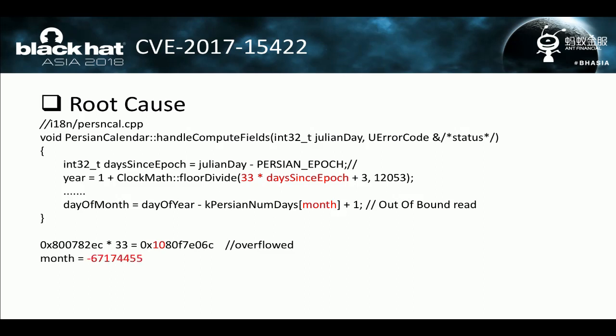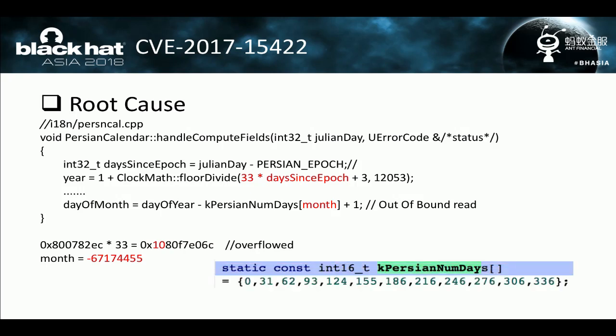So the month calculated is a very big negative number, but the Persian number days array is only 12 long, it only has 12 numbers. So the index month will overflow very much. We access kPersianNumDays[month], which will leak the memory of the process.